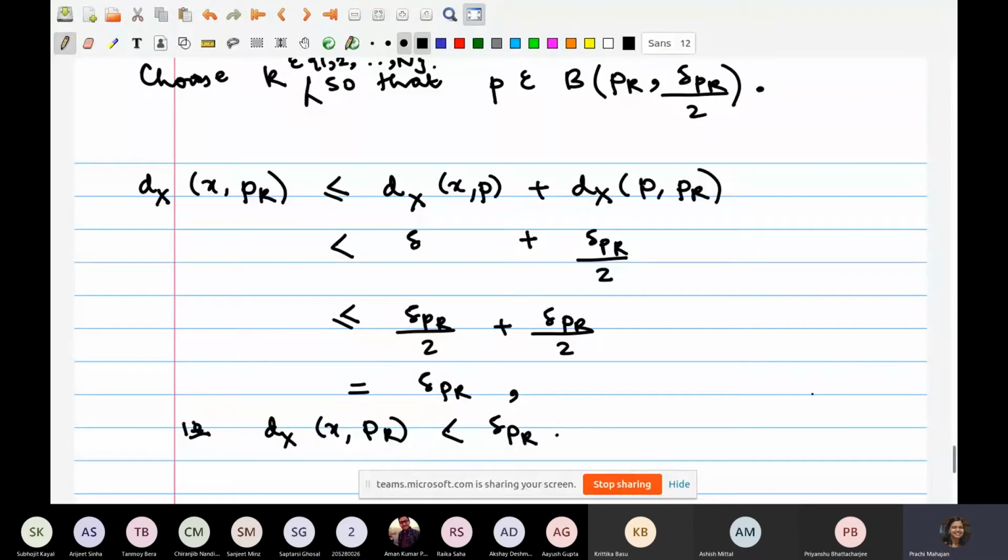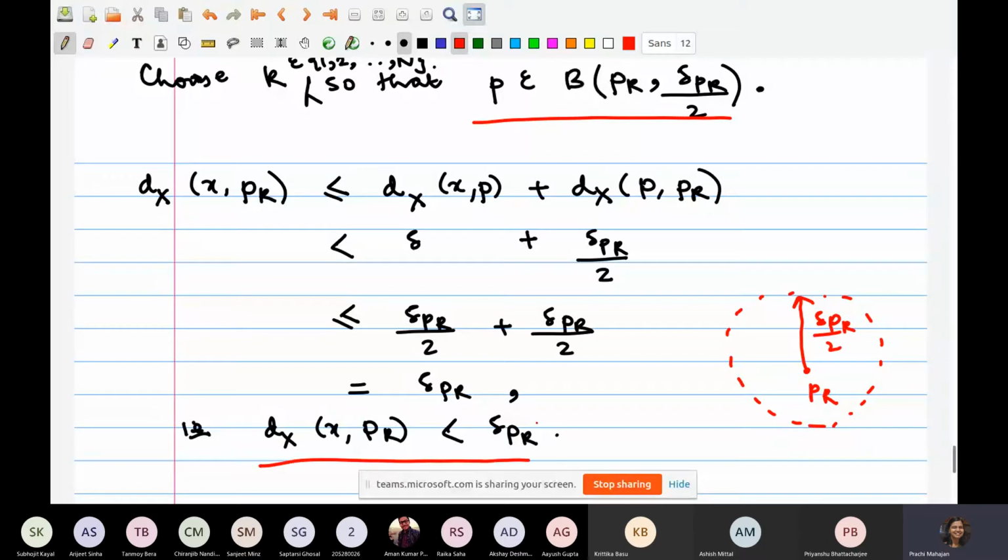So if I look at this ball centered at pk, let me make a correction here. I will look at a ball around pk of radius delta pk.